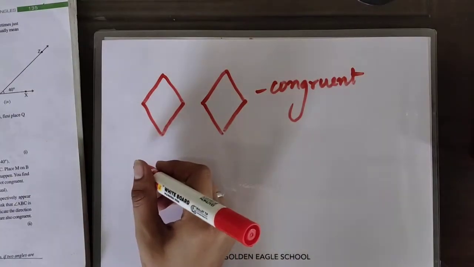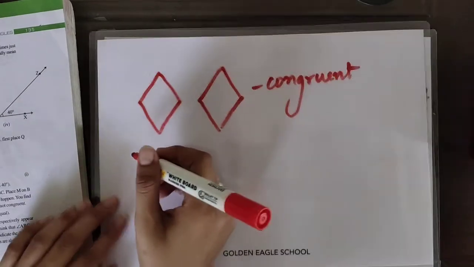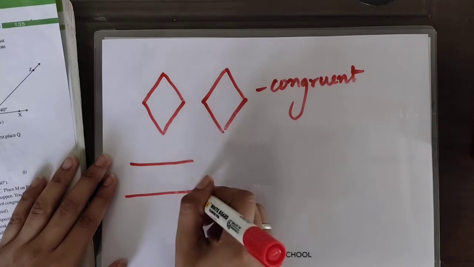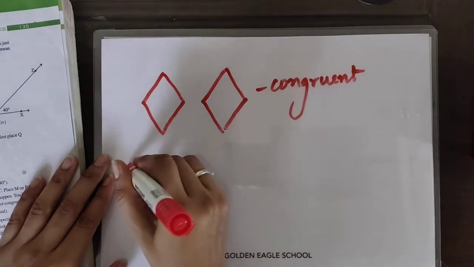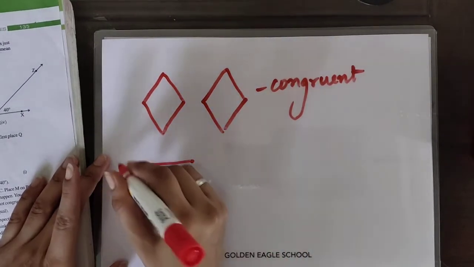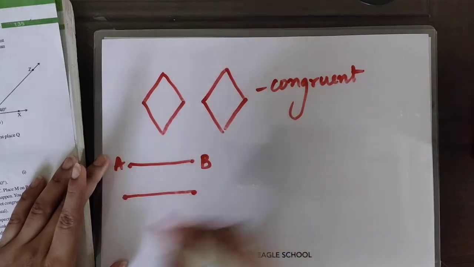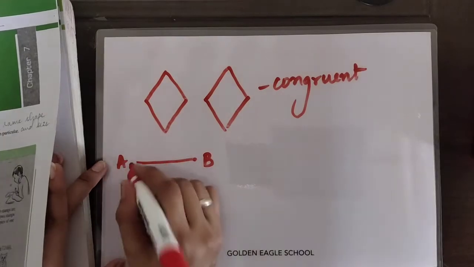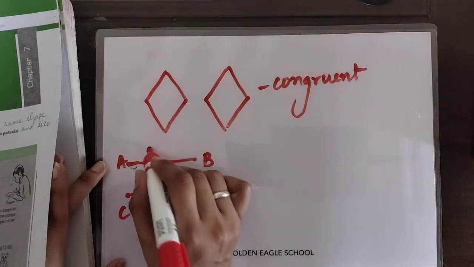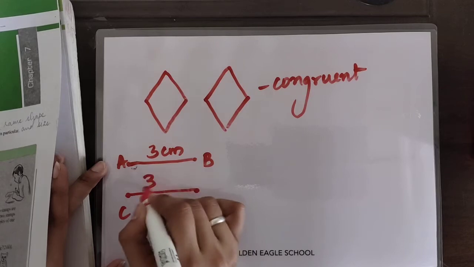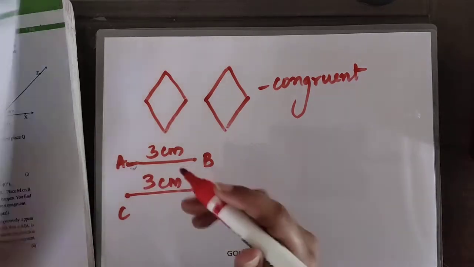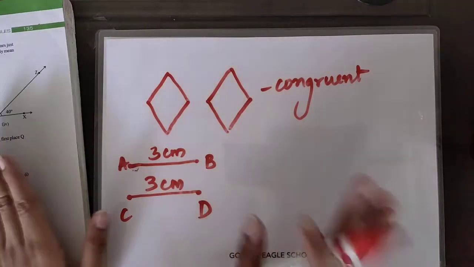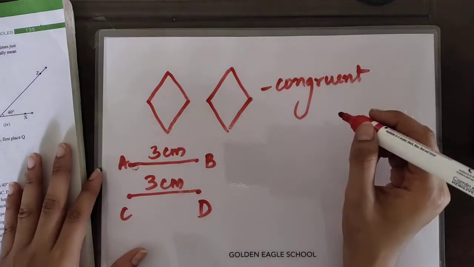If we are having two line segments, this is a line segment and this is a line segment. So we are saying this is AB, this is CD. If we say both are of 3 centimeter, this is when the size is given, so we can directly say that they are congruent because they have the same size.